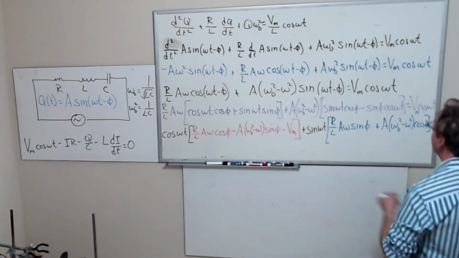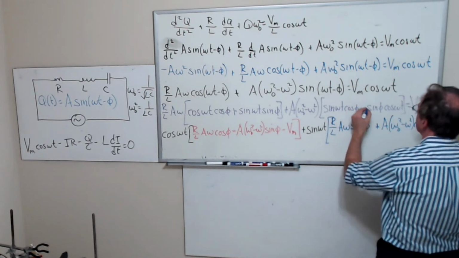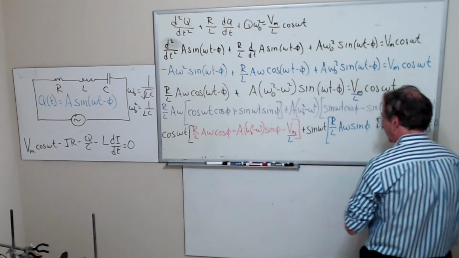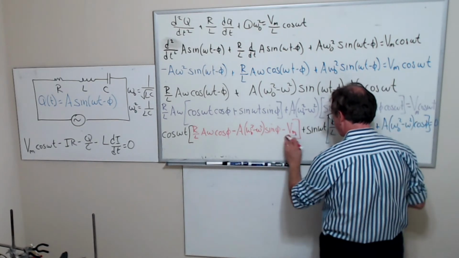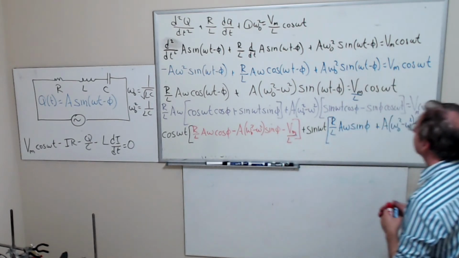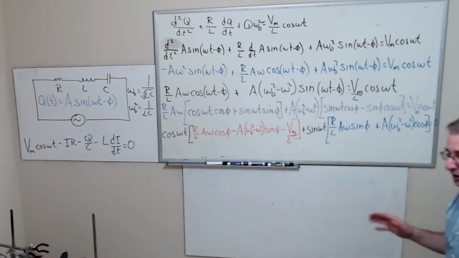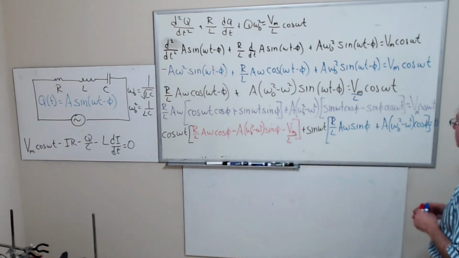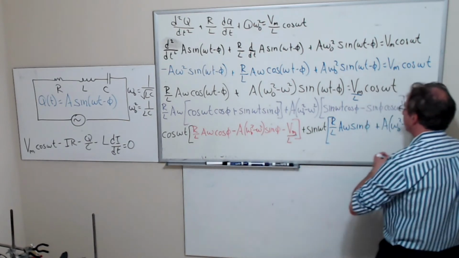And I forgot one thing. I forgot the L here. Okay. There's a lot of moving parts to this equation, so it's easy to make an algebra error. Okay. So maybe let me draw that. Let me do it in black again.